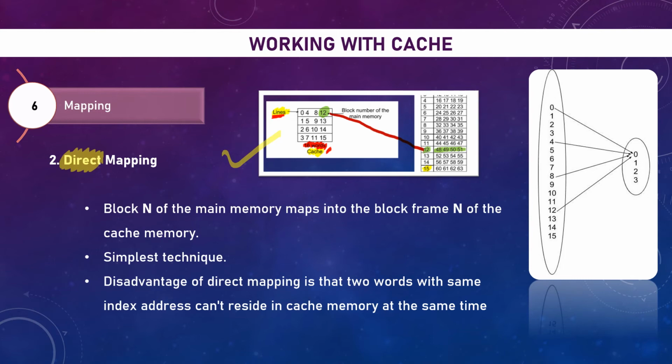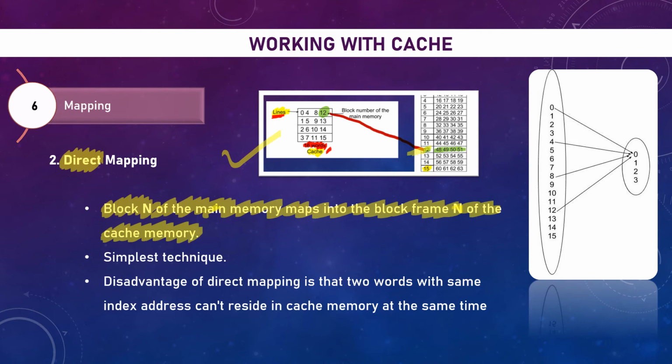So this is the concept of the direct mapping, where block n, let's say here my n is equal to 12, of main memory maps into the block frame or the line number n. Because here we have a 12, so this block frame, this is the 12, of the cache memory.